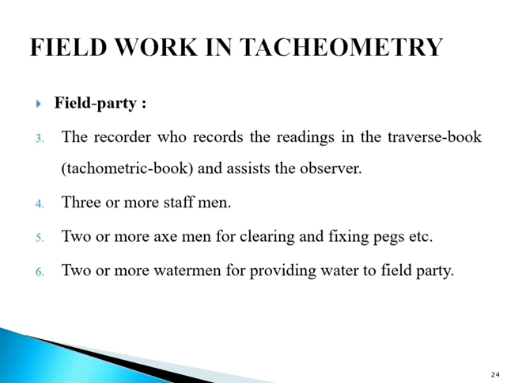Third is the recorder who records the readings in the traverse book or tachometric book and assists the observer. Fourth, 3 or more staffmen. Fifth, 2 or more axemen for clearing and fixing pegs, etc. And the last one, 2 or more watermen for providing water to the field party. So this is the fieldwork in tachometry. It is an important one, so be sure you remember each and every point.